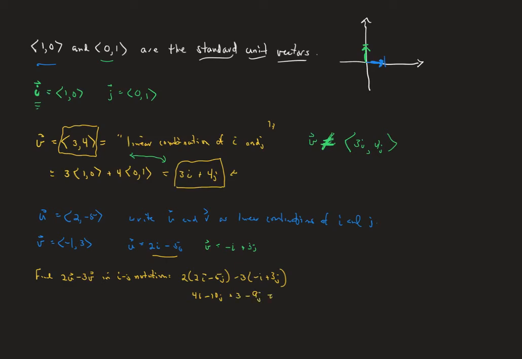So combining like terms, 4i plus 3i is 7i, and a negative 10j minus 9j is a minus 19j, and that's great. Now that means the same thing as the vector 7 comma negative 19. Those are just different notations for the same vector.